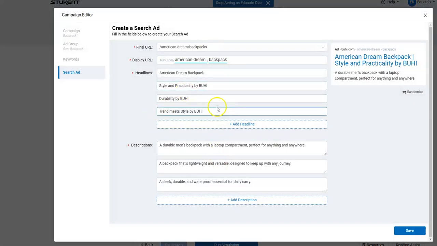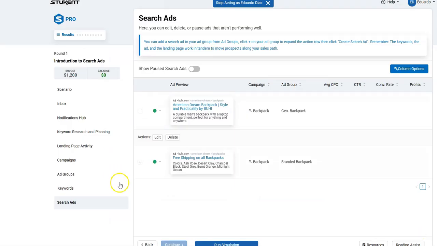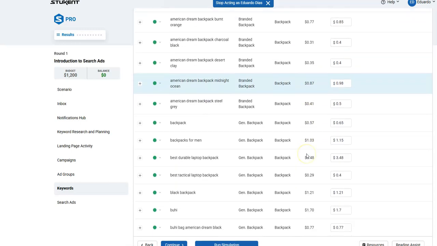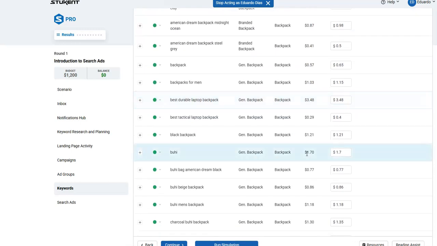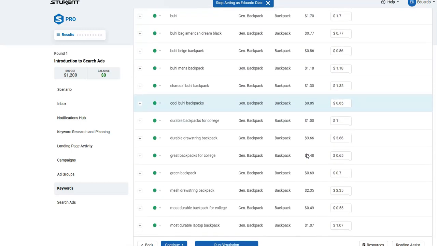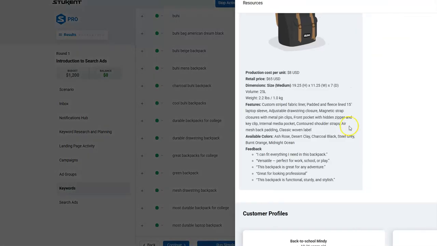Great. Again, the whole point is for American Dream Backpack, and you're dropping them into the right place, which is great. But I did notice one of your keywords, I believe, drawstring or tactical. I don't know if that's a drawstring bag, but let's take a quick look.